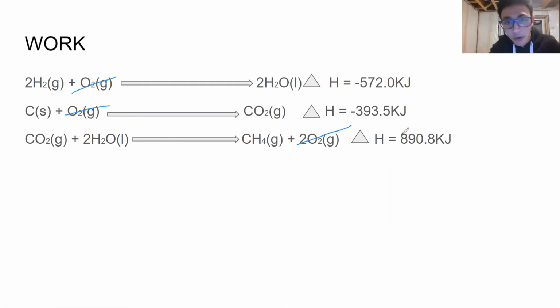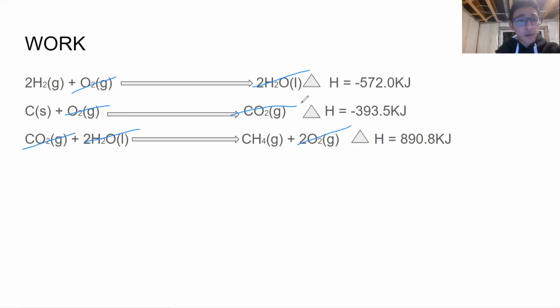Now let's look for more cancellations. There's 2 waters over on the product side and 2 waters on the reactant side. Actually, it is only one carbon dioxide on the product side and 1 carbon dioxide on the reactant side. So we cancel that out.